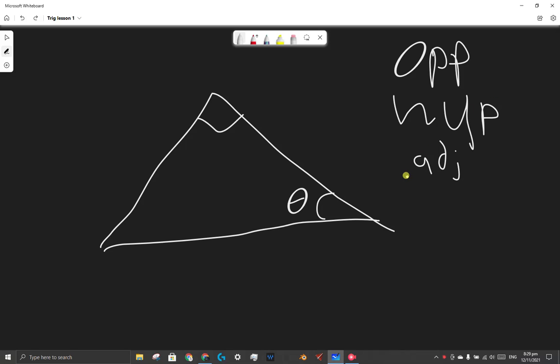Okay, so let's get to the answers. Let's start off with the easiest one, the hypotenuse. Opposite to the 90-degree angle, we have our hypotenuse. If you got that, well done. Next up, let's go for the opposite side.